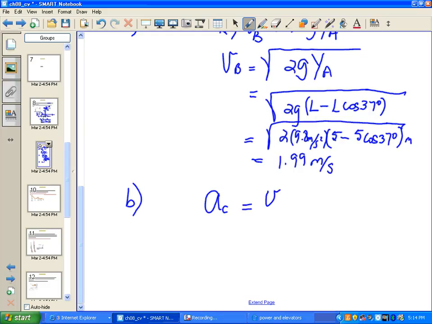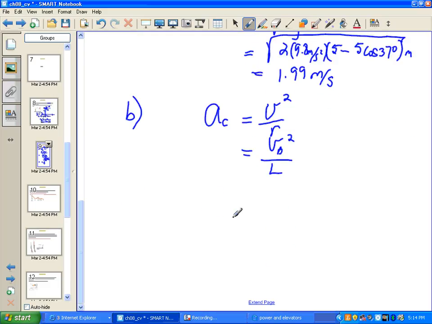Well, we know the centripetal acceleration is equal to v squared over r. Here, the v at the lowest position is none other than vB, and the distance from the position of the ball to the center of rotation is L, not L minus L cosine 37, because remember that was the position of the ball at point A. When the ball is at point B, the radius of rotation is the entire length of the cord.